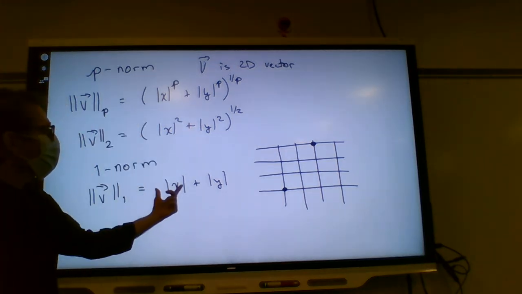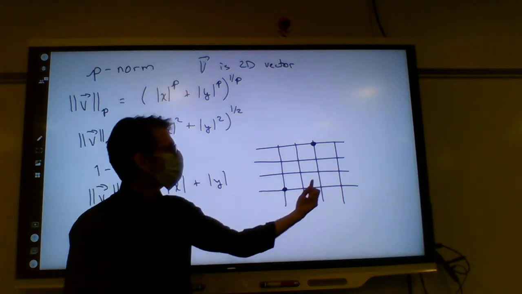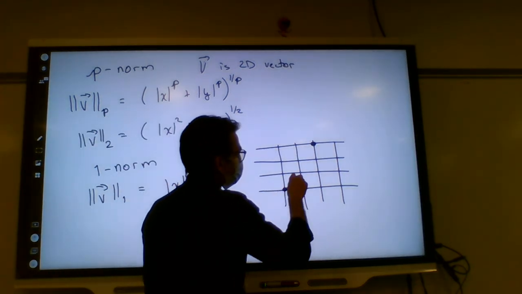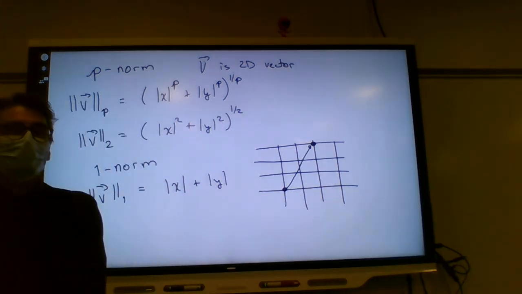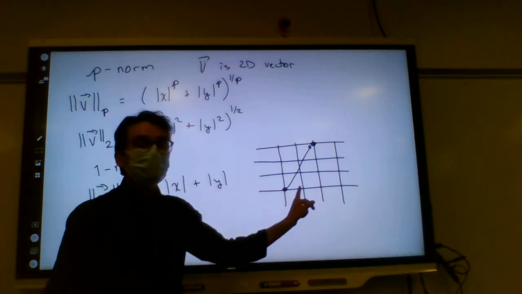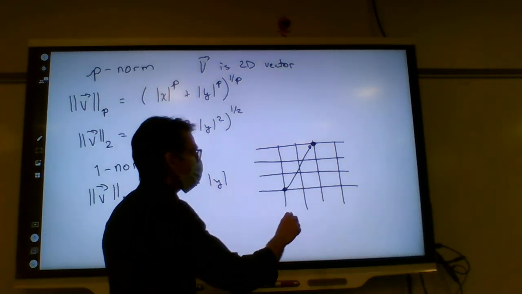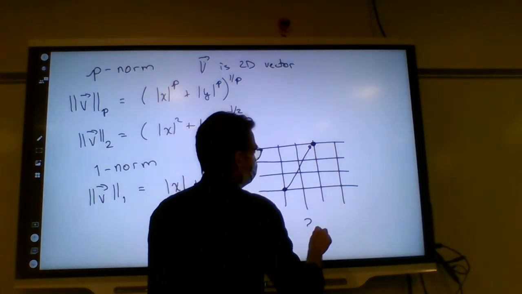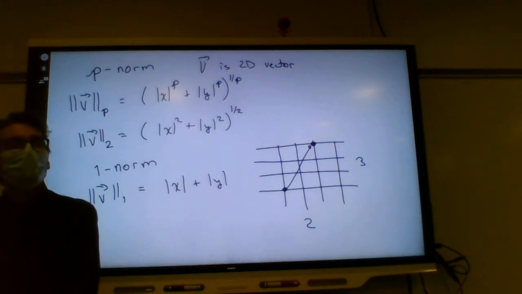The 1 norm says, how far is that? Well, how far over are we, if we had a vector like this, how far over did we have to go? We had to go a distance of 2 in the x and then 3 in the y. So the distance, the length of this would say 2 plus 3, which would give it a length of 5.